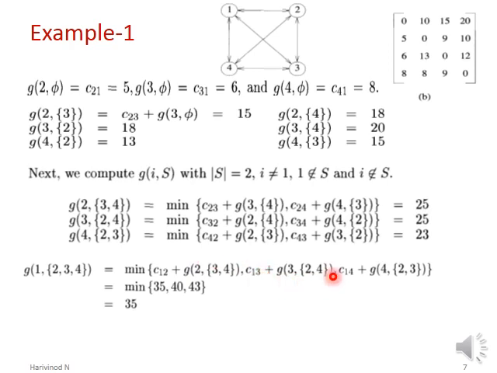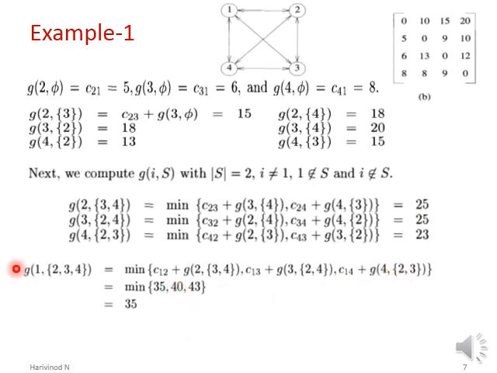Coming to the next choice, 1 to 3. Go from 1 to 3, then visit 2 and 4 in some order and come back to 1. So 1 to 3 is 15 plus g of 3, 2, 4, which is 25. So 15 plus 25 is 40.